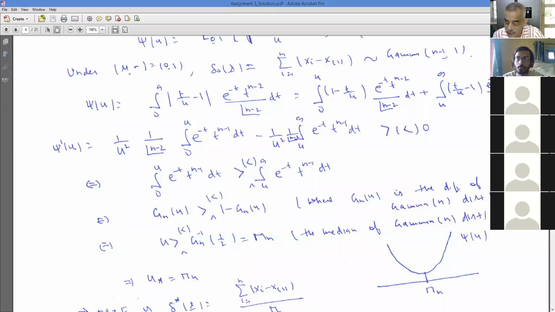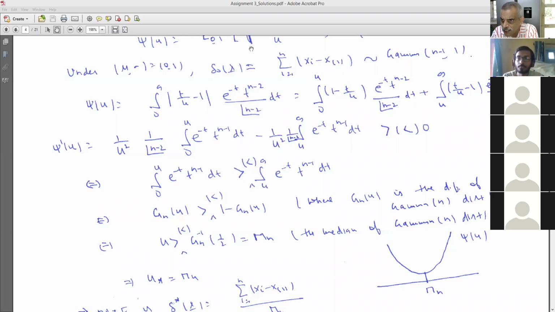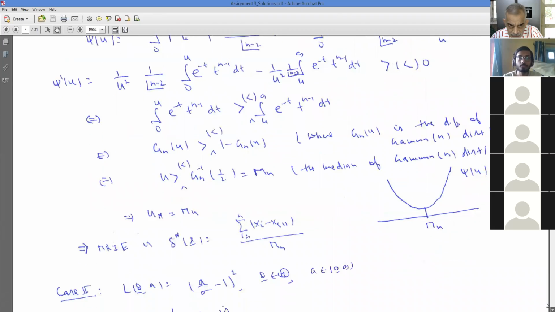Mu goes to b mu plus c and sigma goes to b sigma. So everything goes to b times (mu plus sigma) plus c, which is the same as b times the estimate in the earlier problem. So that means b times the action I was taking before, a, plus c. So it suggests that I should take my G tilde (b,c) of a to be ba plus c. And that is what we'll do. Let's try to see.